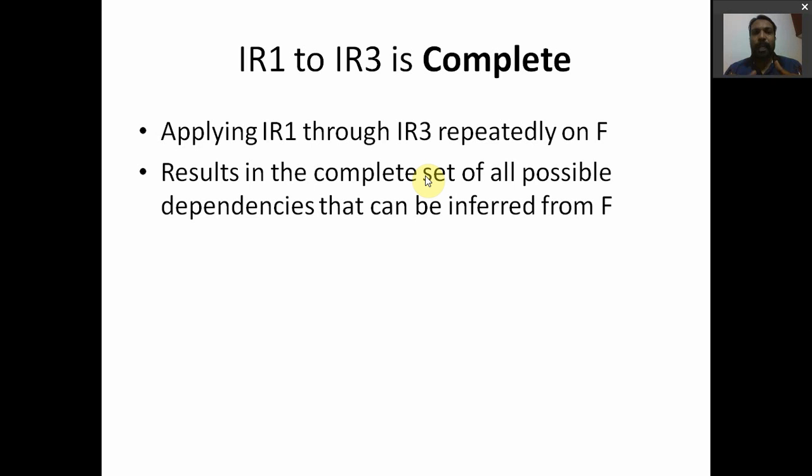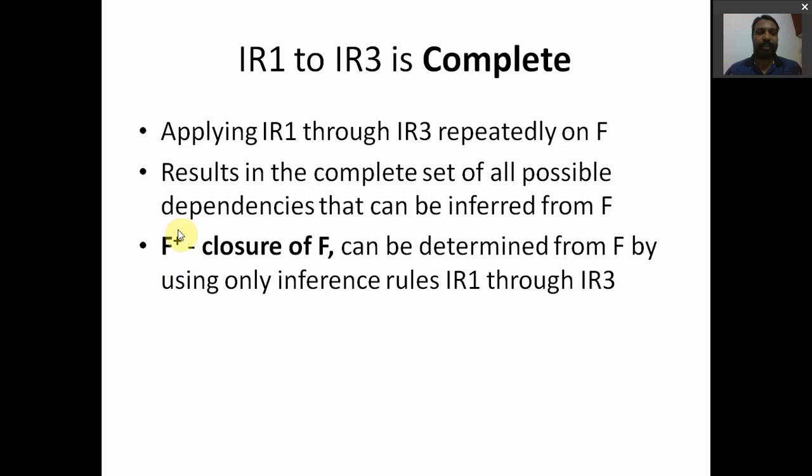Closure is the set of functional dependencies which can be inferred from F. It is the complete set of functional dependencies. So by repeatedly applying IR1 to IR3 on that F, we can find the complete set of all those functional dependencies. F plus, the closure of F, can be determined from F by using only IR1 to IR3. By using these three rules, we can find the closure.